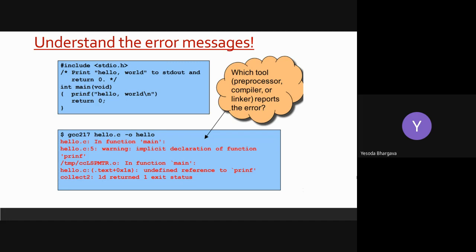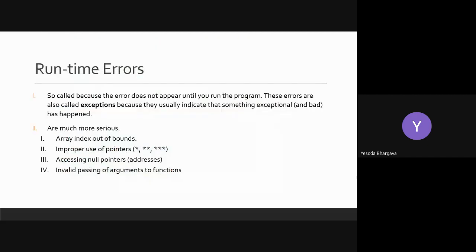It is crucial to understand the error messages when you are trying to debug your program, because if you have understood them, then it will make the way a bit clearer to identify the source of the error that you are seeing.